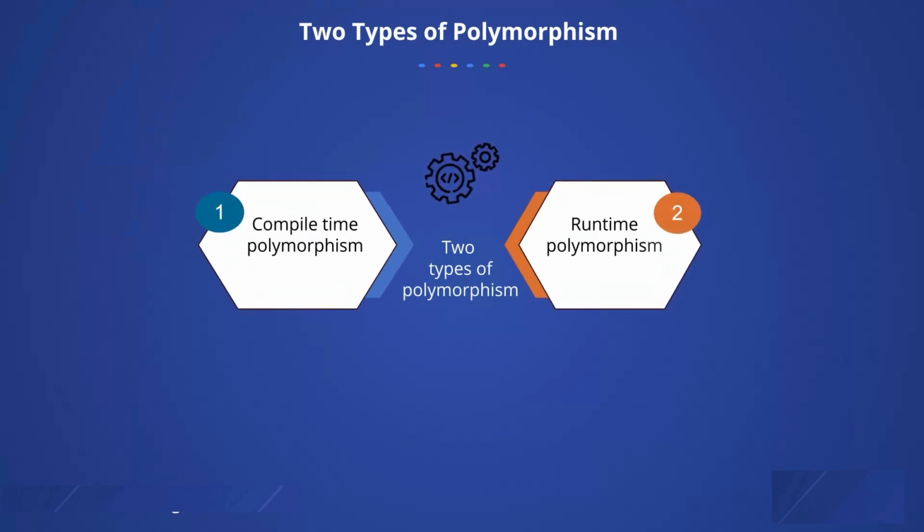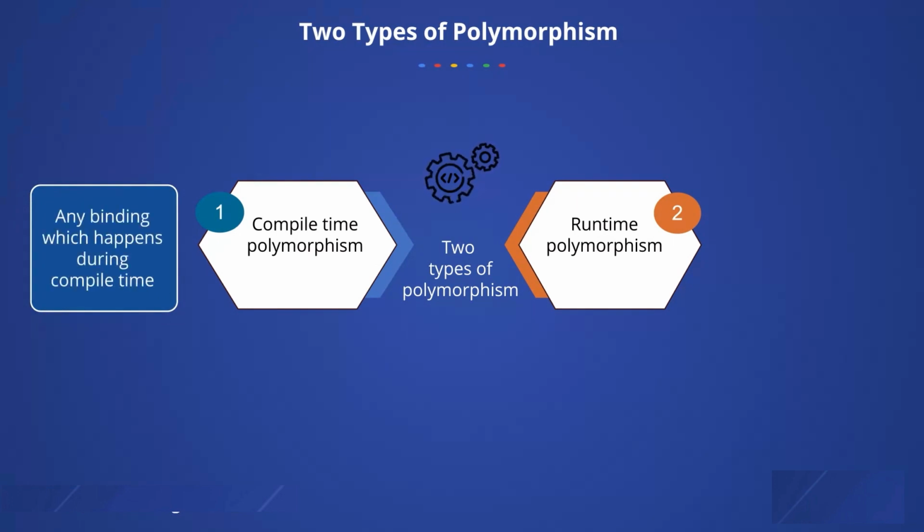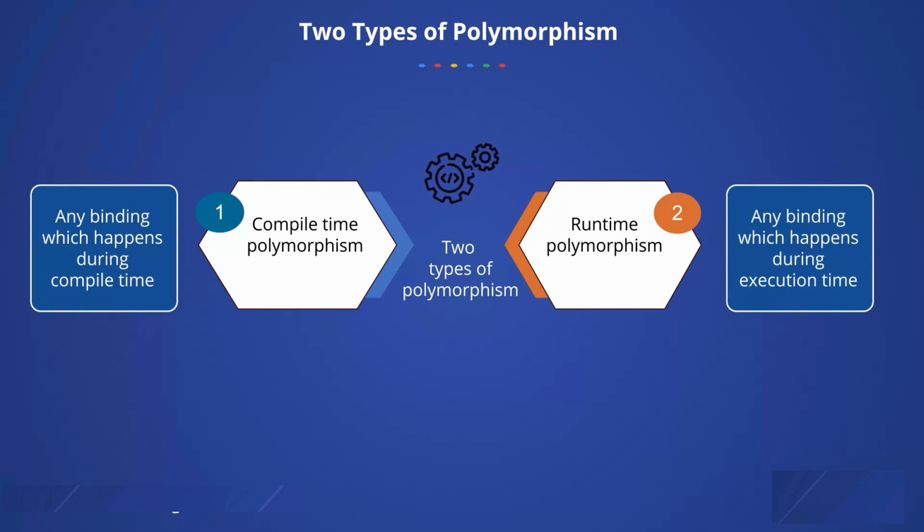Before giving an example, what exactly is compile time polymorphism? Any binding or polymorphic thing that happens during compilation is called compile time polymorphism. Whereas if any polymorphic binding happens while the code is running, during execution, that is called runtime polymorphism.